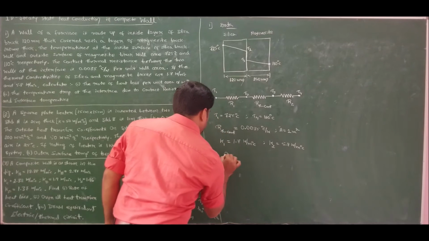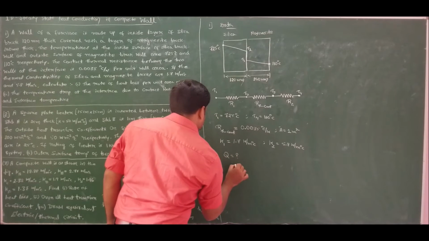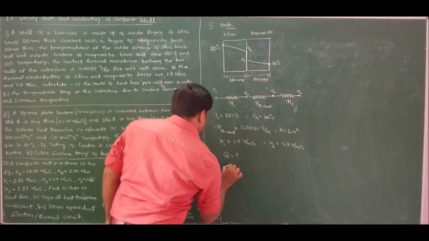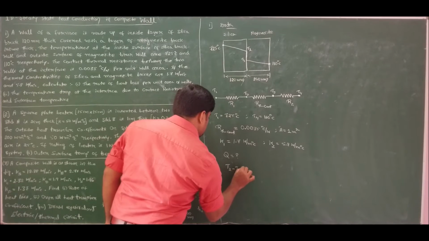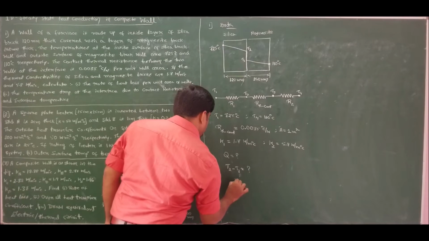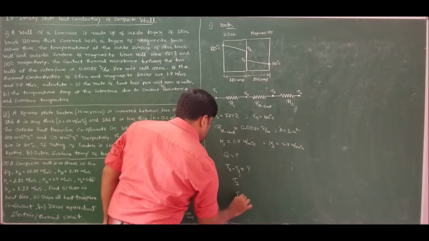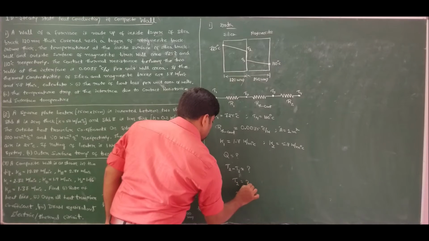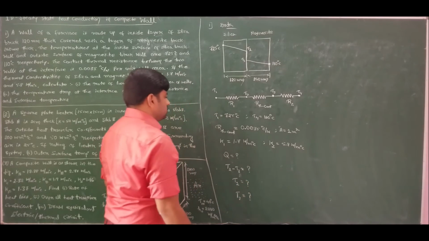Find the rate of heat transfer Q, the temperature drop at the interface, that is T2 minus T3, and the interface temperatures. What is the value of T2 and what is the value of T3, he is asking.